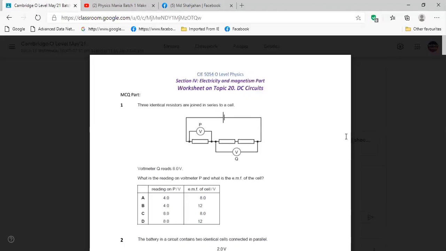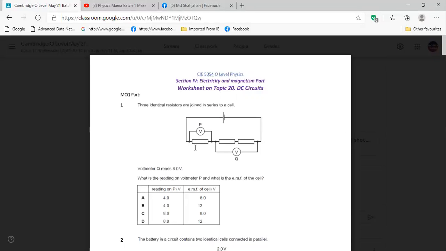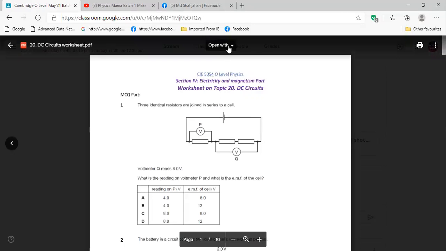So voltmeter Q reads 8 volt. They are identical resistors. If they are identical resistors, that means here we are getting 2R and here we are getting R only. Is it clear? Yes, sir.